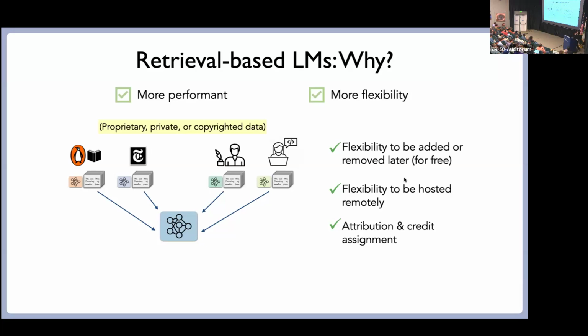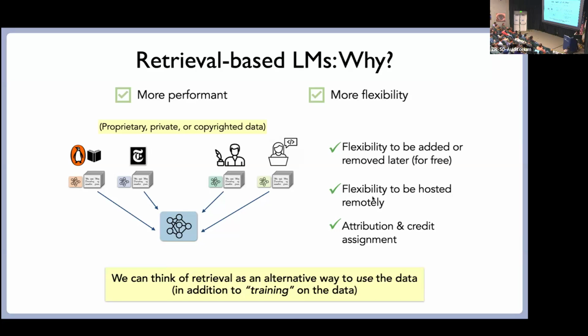So if some data is available that you want to get paid for, then a retrieval-based model gives a straightforward way to do that because it's very easy to trace which part of the data contributed to the model prediction. One way I like to think about it is that retrieval can be seen as an alternative way of using the data, which is orthogonal to using data to train the model, and it has different trade-offs.